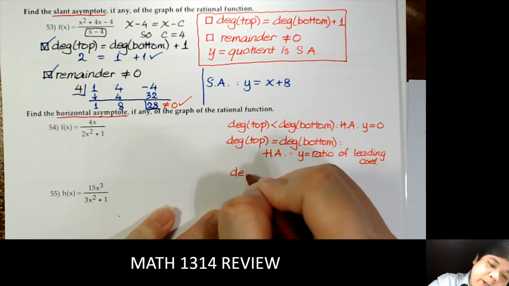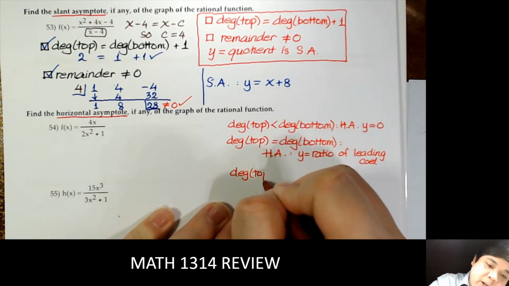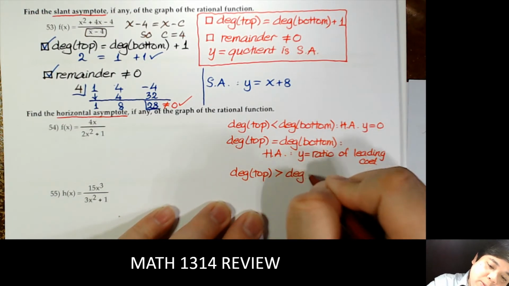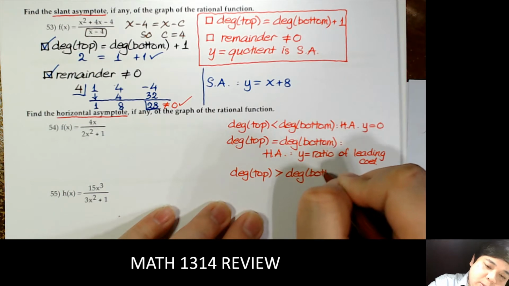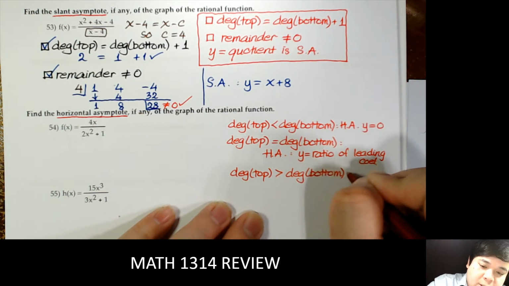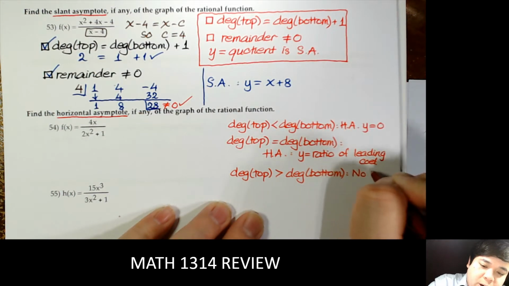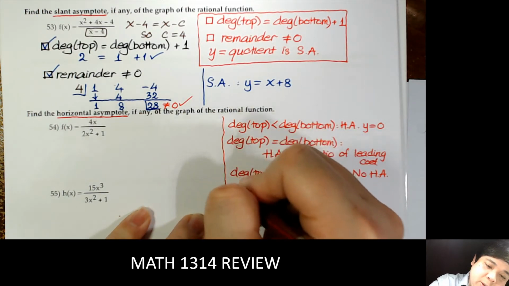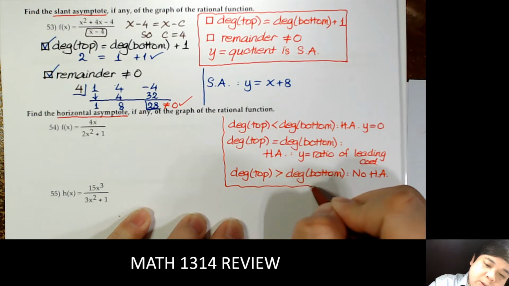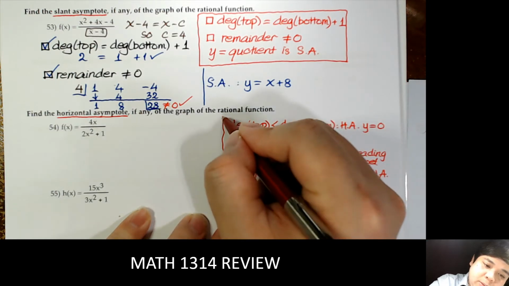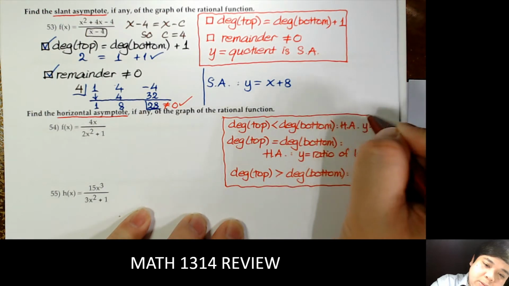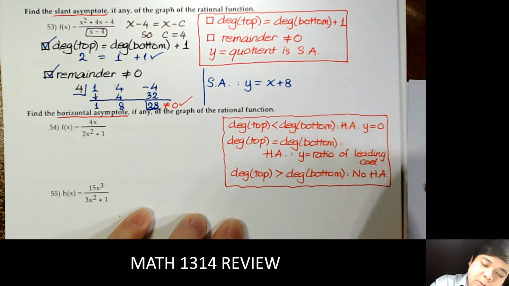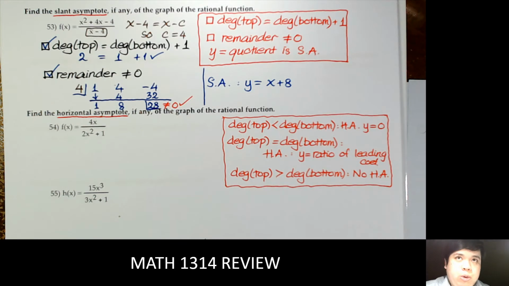And if degree on the top is bigger than the bottom, there will be no horizontal asymptote. Right. So just those three scenarios.